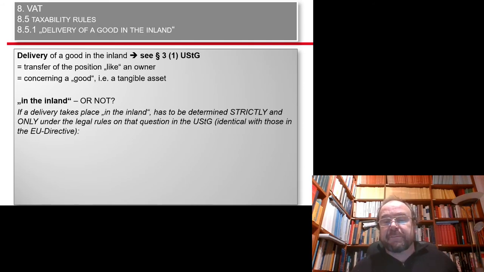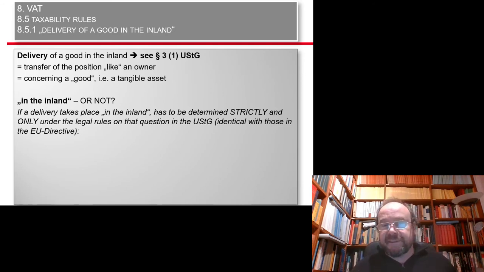If a delivery takes place in the inland has to be determined strictly and only under the legal rules of the USDG. And by the way, these rules are harmonized within the EU, because if something has to be taxed in the inland or in the territory of another EU state, that has to be regulated in an identical way everywhere, because otherwise you would have two countries claiming the VAT on the same transaction, and that would be the ruin of the people involved.